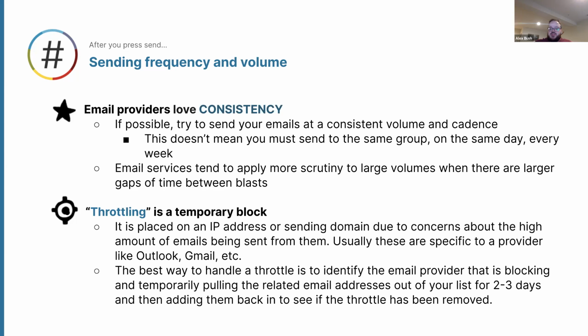Throttles are usually temporary and they usually only last a couple of days. Once two to three days have passed, you can phase those emails back in. If your throttle is no longer there, you can continue your email program as normal. If it's still being throttled, pull them out for another day or two, sit on it again, and then add them back in and retry. That's a little trial and error, but it's the best way to handle a throttle.